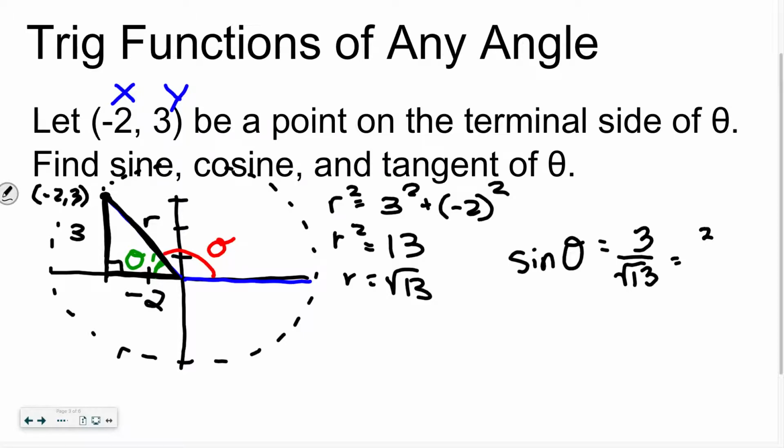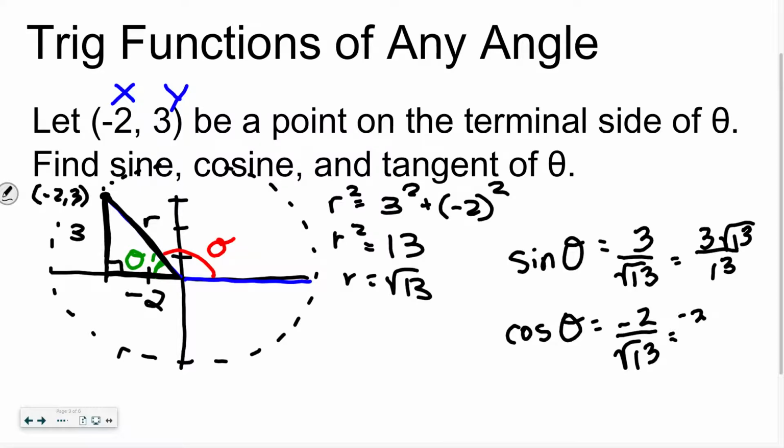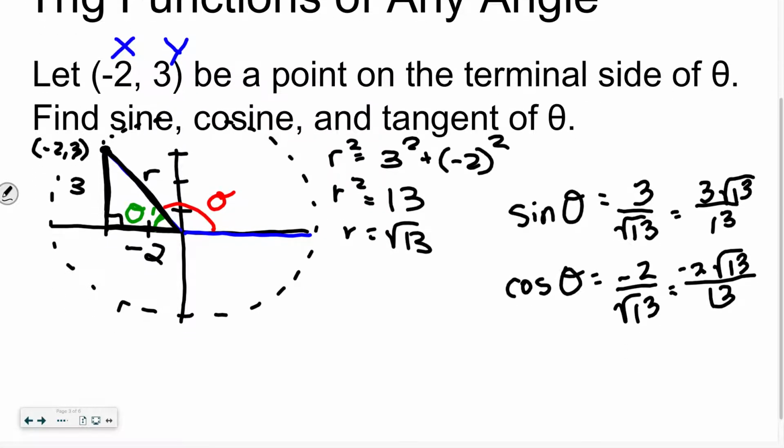And then, of course, we'd have to rationalize. Cosine is -2 over square root 13. Again, we have to rationalize. And the tangent would just be opposite over adjacent, which is 3 over -2.